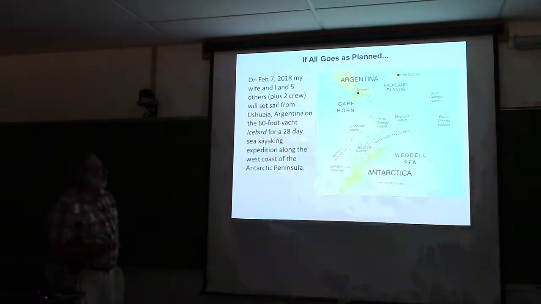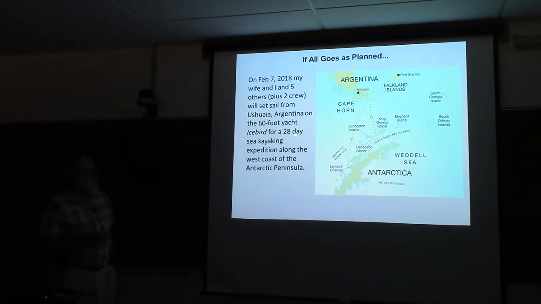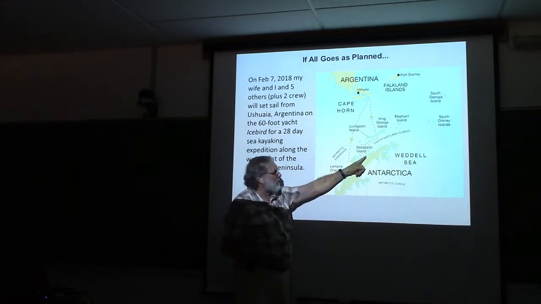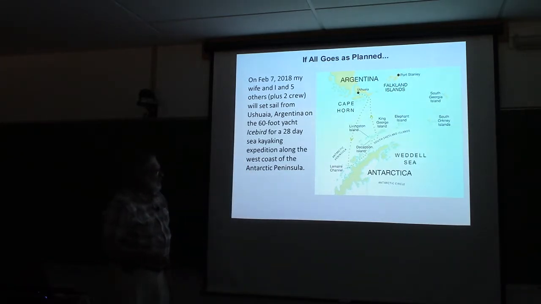And then if all goes as planned, February 7th, my wife and I and 5 others will set sail from Ushuaia, Argentina for Antarctica on a 60-foot yacht for a 28-day sea kayaking expedition along the west coast of the Antarctic Peninsula. And, you know, it's not 100% certain.